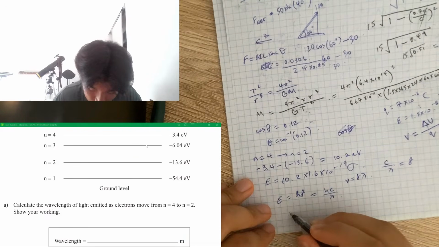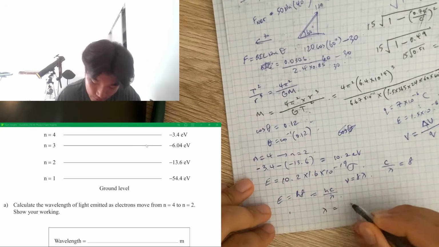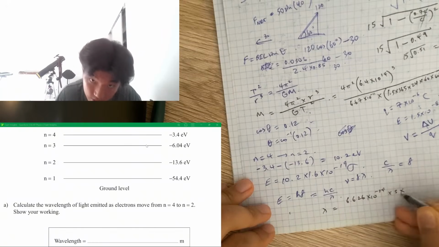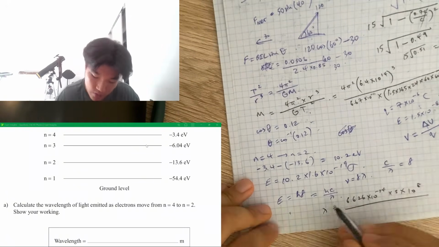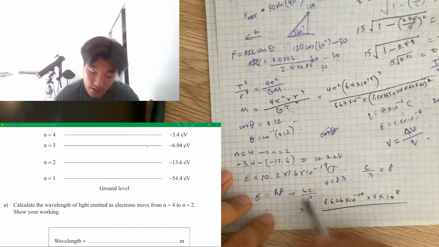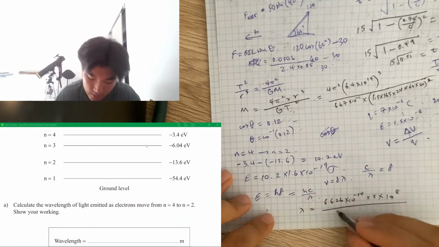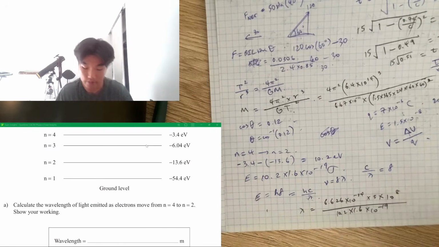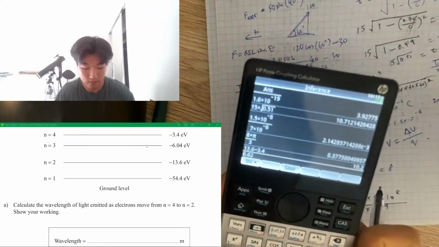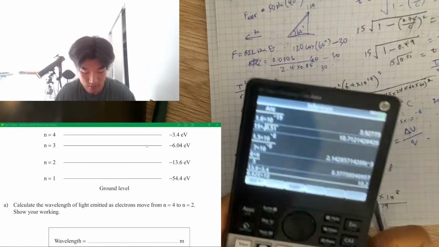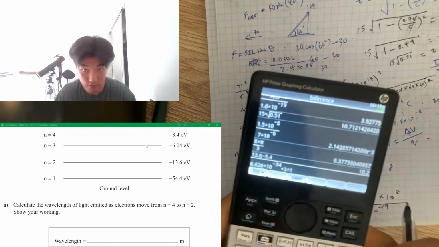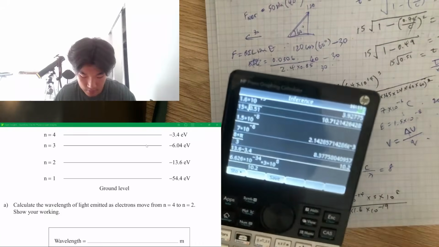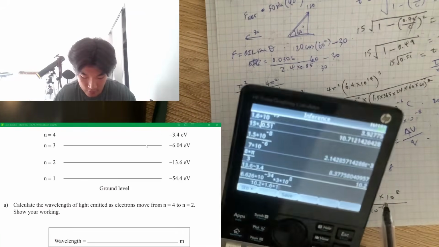So therefore, lambda equals 6.626 times 10 to the negative 34 times 3 times 10 to the 8, all over E. So we rearranged for E and lambda, where E is 10.2 times 1.6 times 10 to the negative 19. We just put that in a calculator, and then we should have an answer.